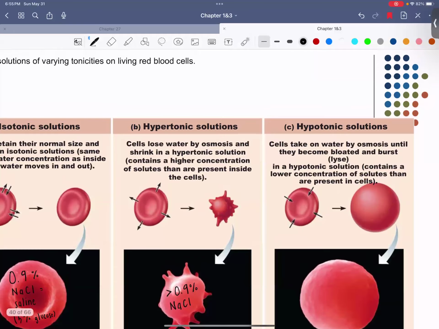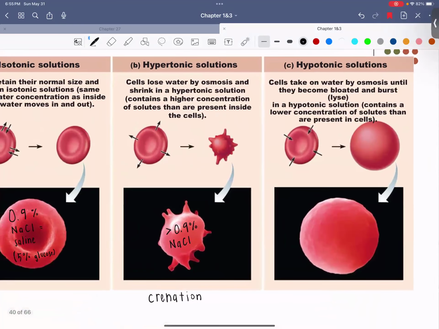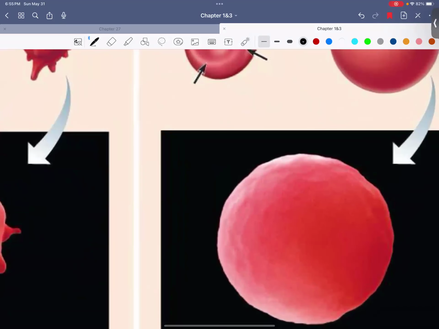This last part of the figure is showing the effect of a hypotonic solution. This would be distilled water, for example. Distilled water is pure water. There are no solutes in the water.